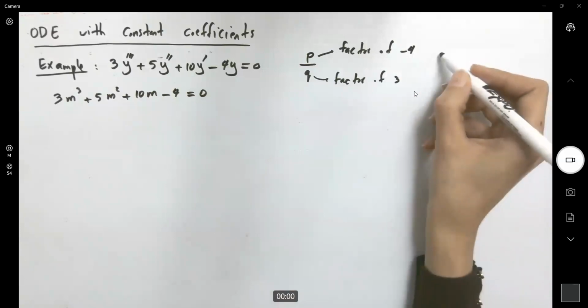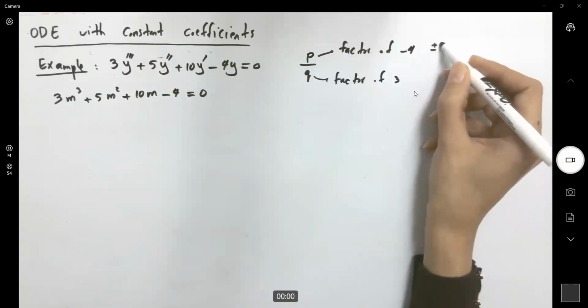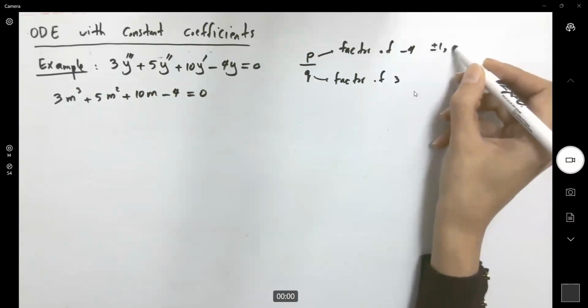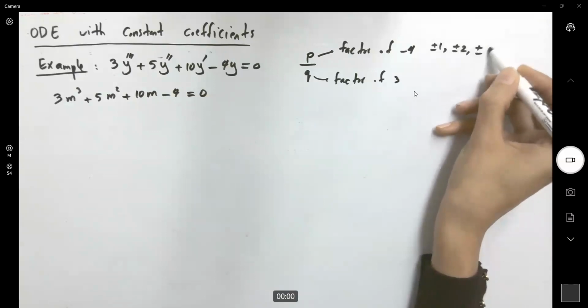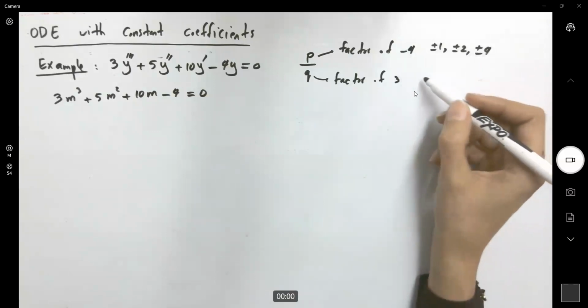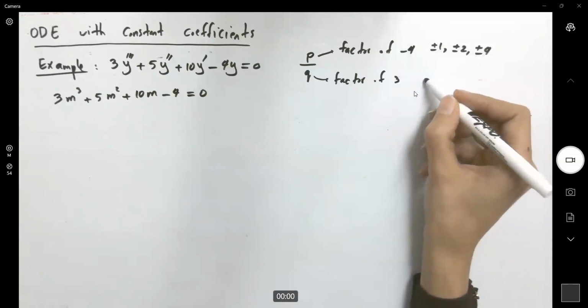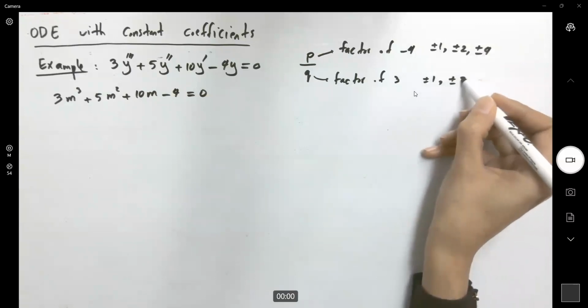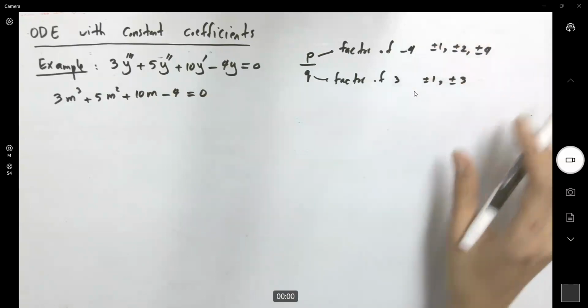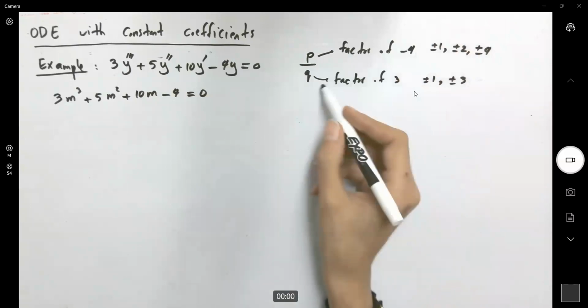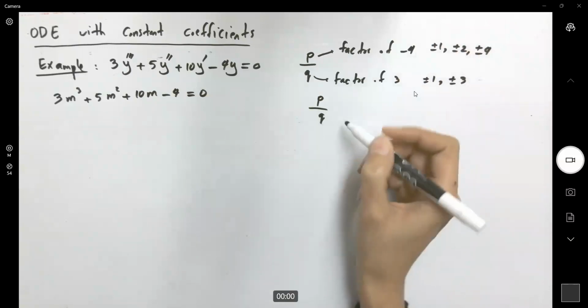So we have the following. You can write it as plus minus 1. Well, we have plus minus 2, plus minus 4 as the factors of negative 4, and the factors of 3 are plus minus 1 and plus minus 3. We're going to form a combination of different possible scenarios for p divided by q.